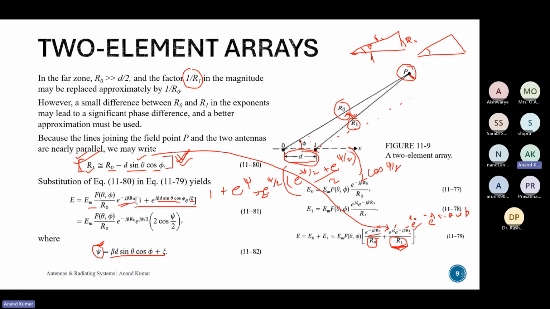So this is basically writing the cos function in terms of exponential. So that's what we have over here.